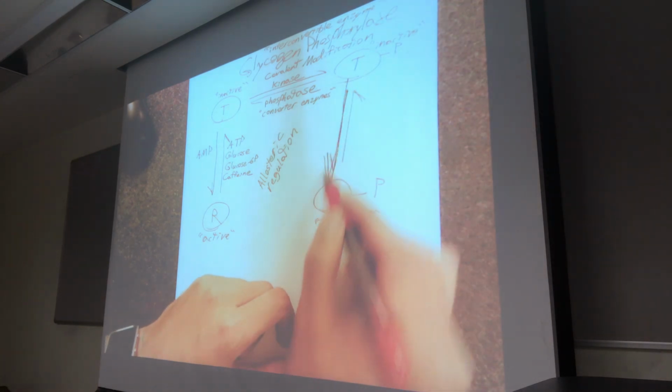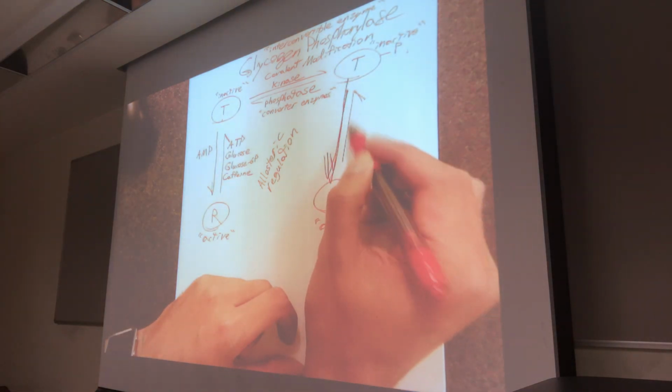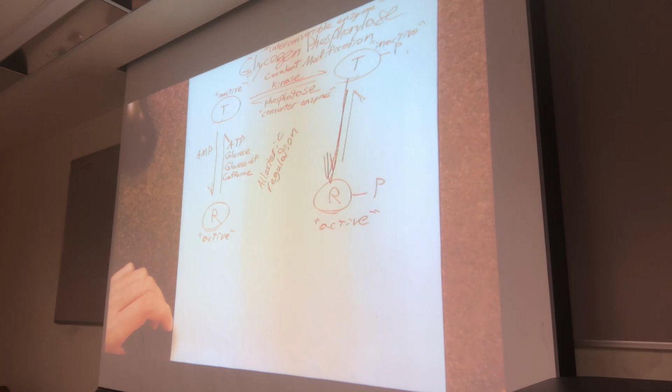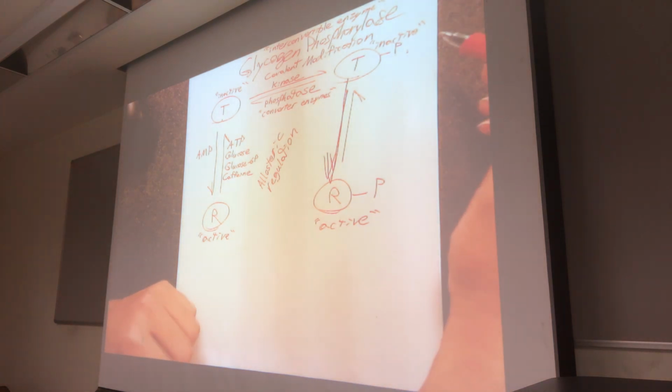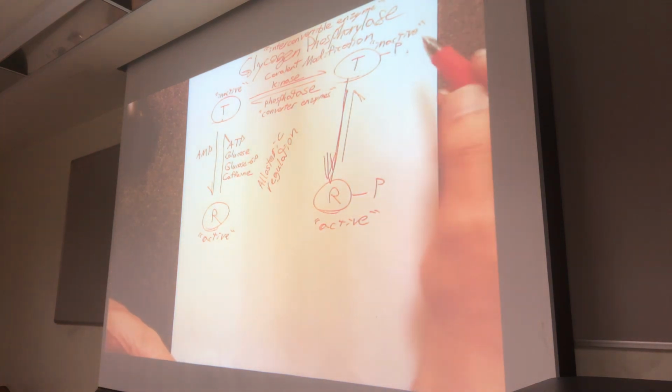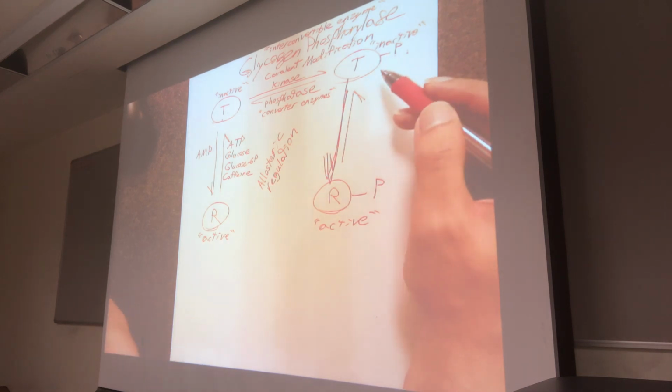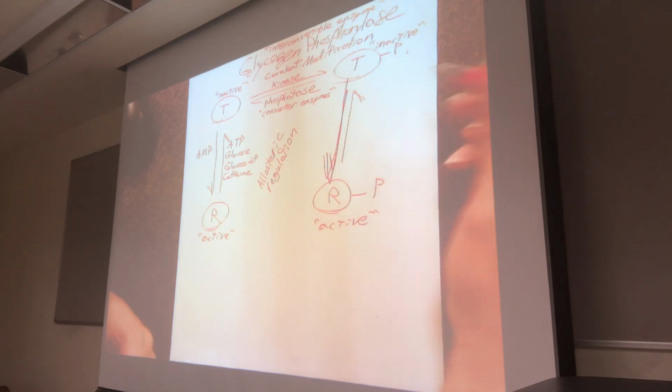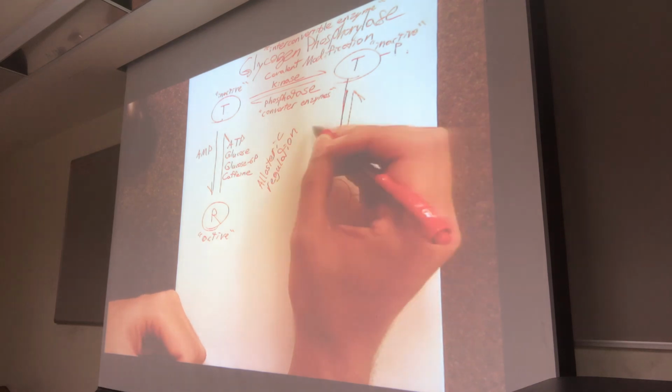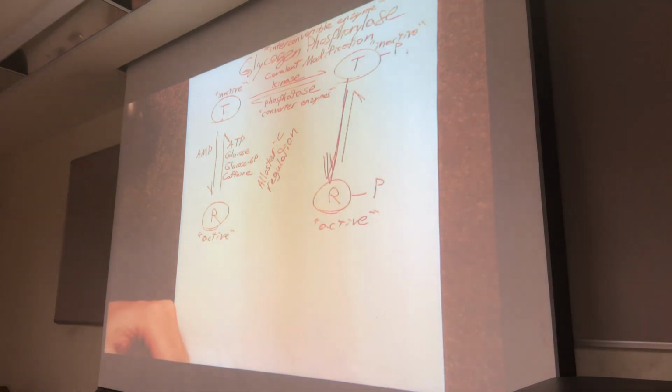So imagine there's a really big arrow here and a really tiny arrow pointing the other direction. Through covalent modification of glycogen phosphorylase, it superactivates it to the point that it doesn't actually need any effectors to shift into the active form. It's just going to prefer the active form after it is covalently modified.